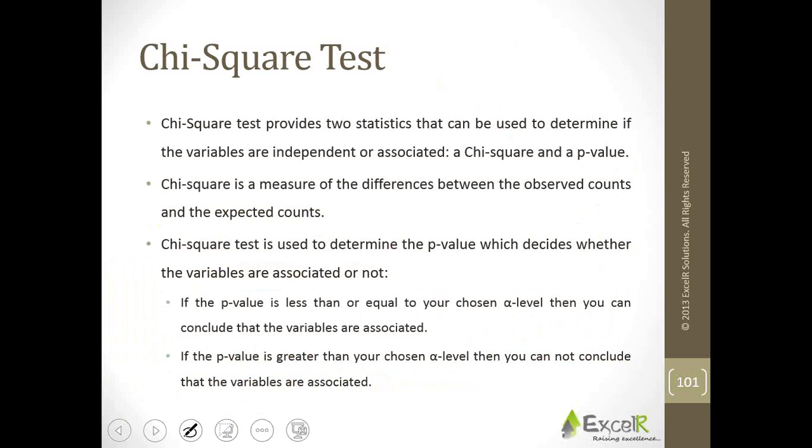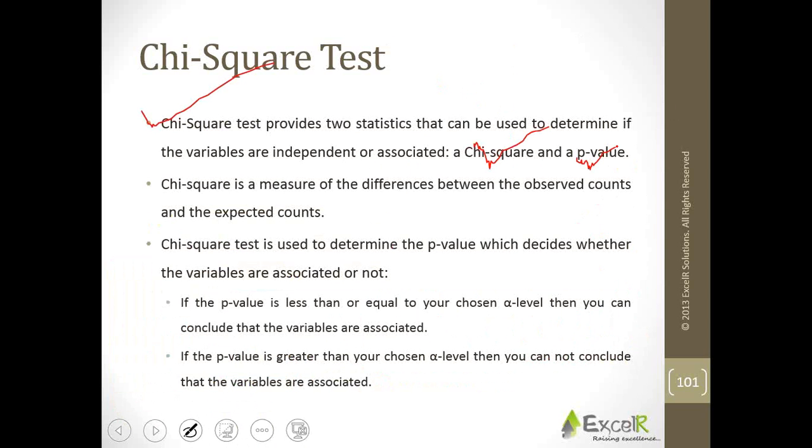So the chi-square test provides two statistics which can be used to determine if the variables are independent or if there is any association between the variables. Those two are a chi-square and a p-value. You look into two statistics.